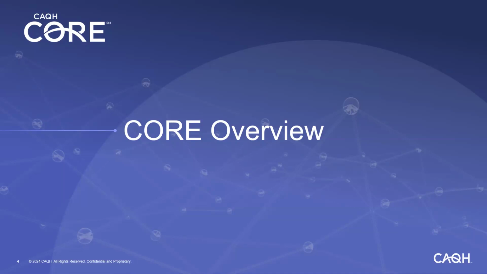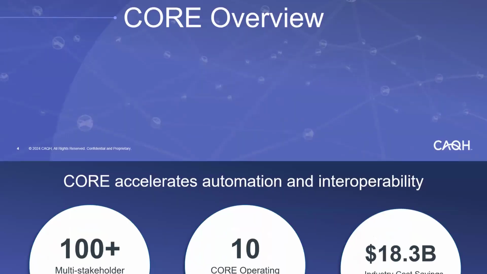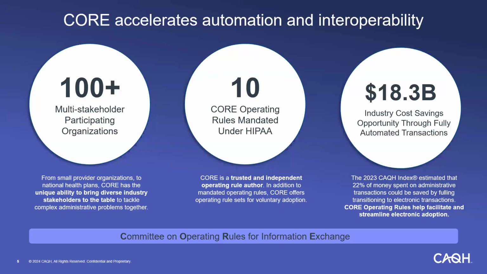On the next slide, you'll see that, again, CORE is made up of over 100 participating organizations from all sizes and shapes and all different entity or stakeholder types, from health plans, clearinghouses, providers, and vendors that work in this space.